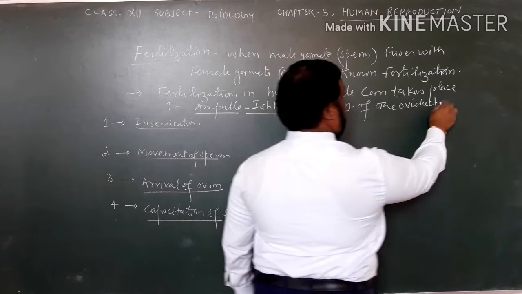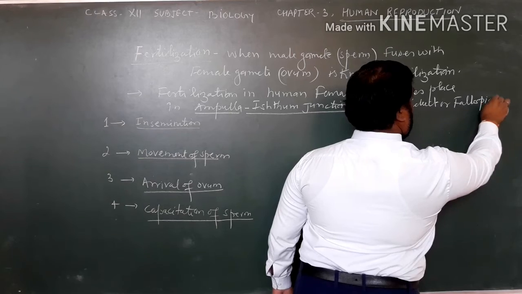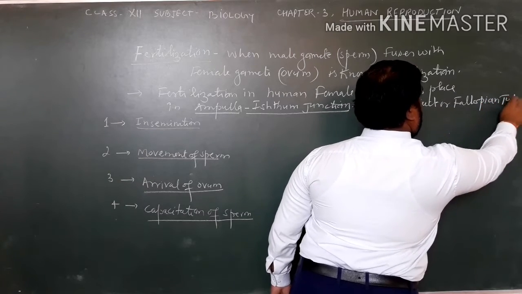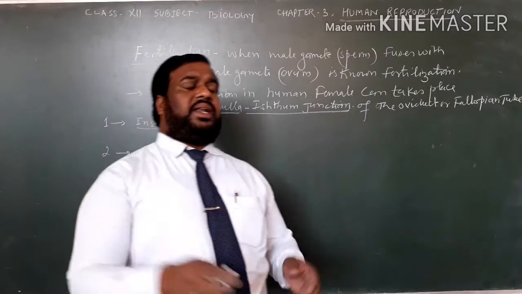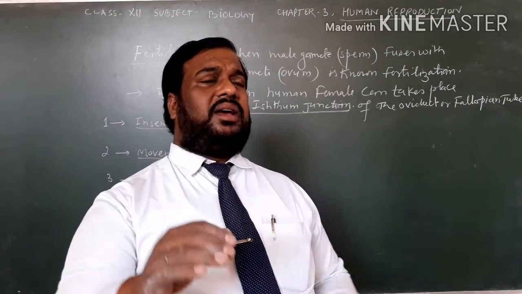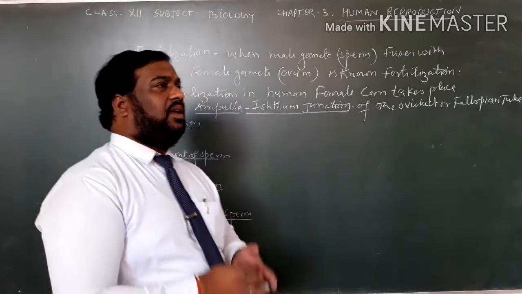Oviduct, or you can say fallopian tube. It means the fertilization occurs inside a fallopian tube. This is the place or venue for fertilization.